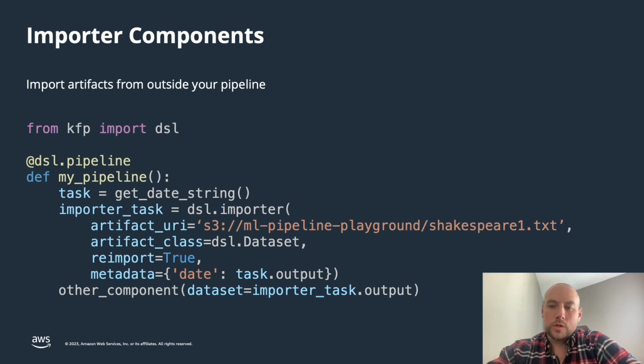But there are special cases where you might need to import artifacts that are outside of your pipeline. And that's where importer components come into play by allowing you to target artifact URIs. And actually, you don't need to write an importer component. It can be imported from the DSL module and used directly in your pipeline, as you see in this example here.